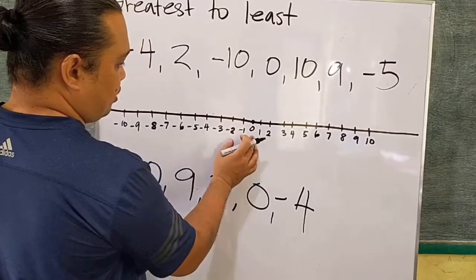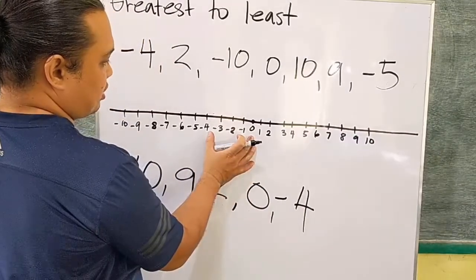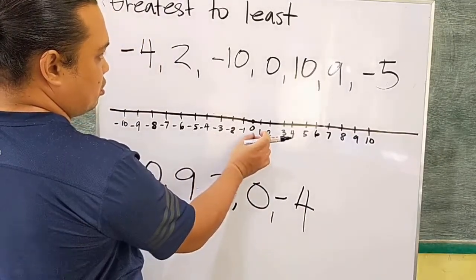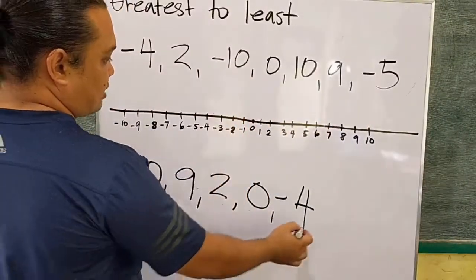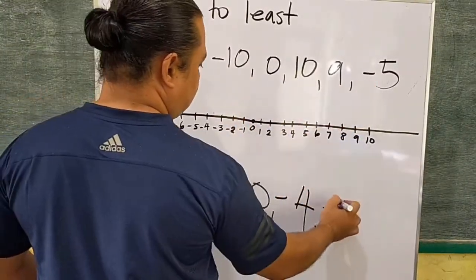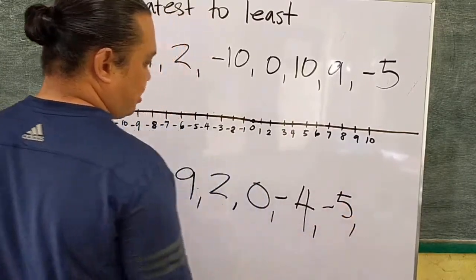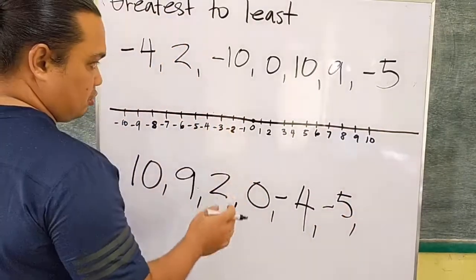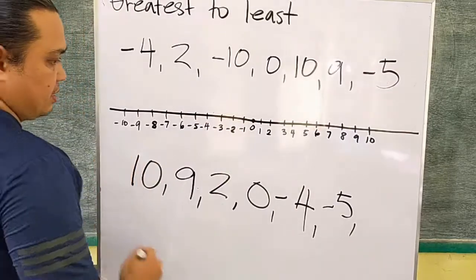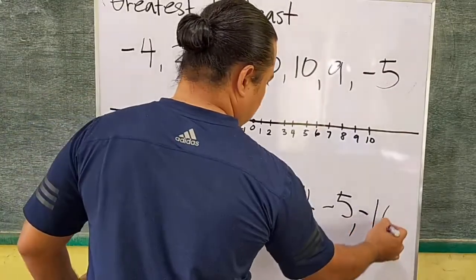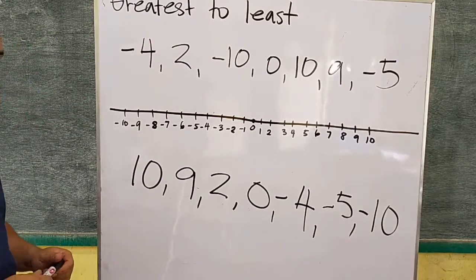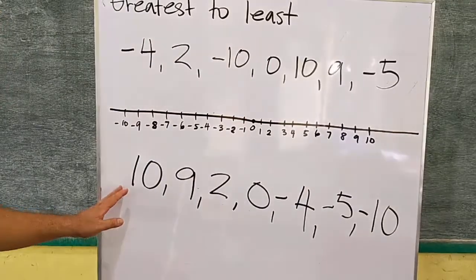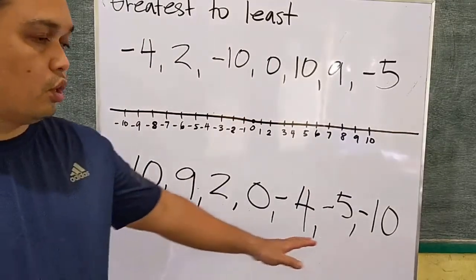Because negative 4 is closer to 0 compared to negative 5 and negative 10. Next is negative 5. And the farthest number to the left is negative 10. So by doing this, we have arranged the integers from greatest to lowest.